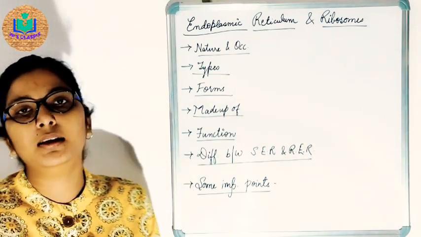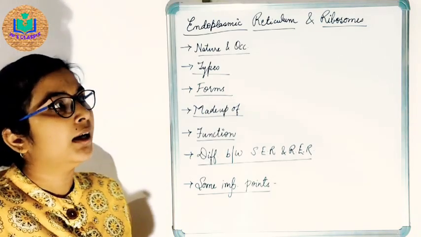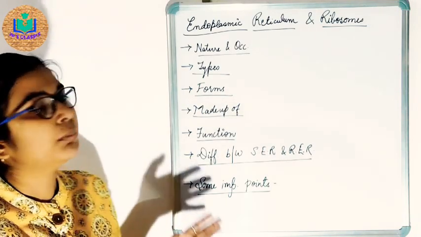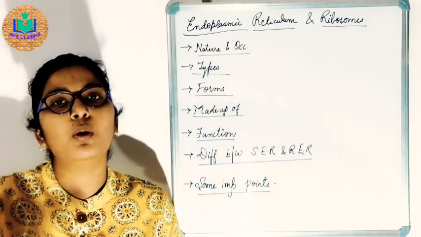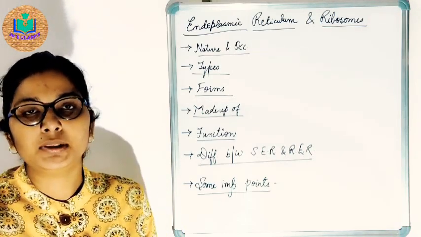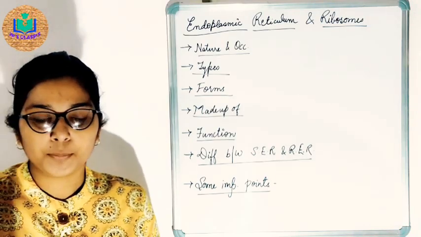These both are connected with each other, and I will try to complete all the topics related to endoplasmic reticulum and ribosomes that are useful on this stage, which means class 9th stage. Okay.